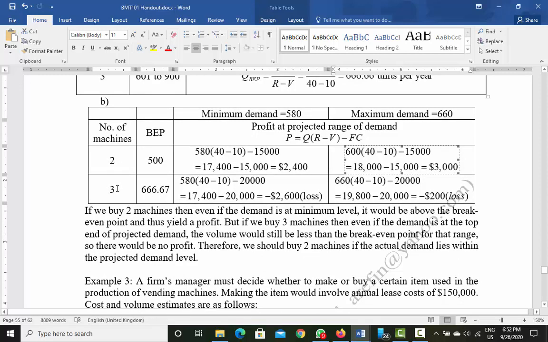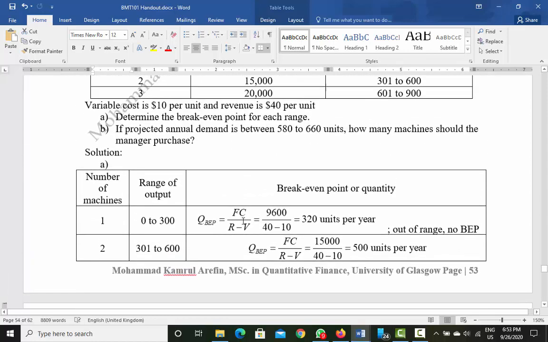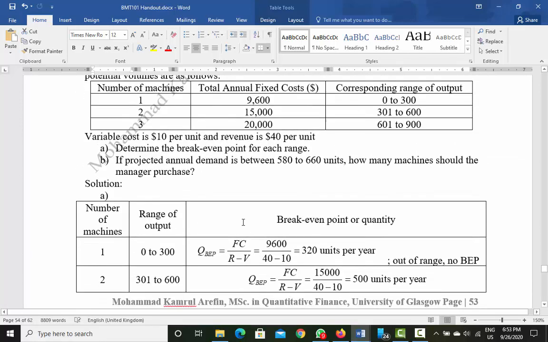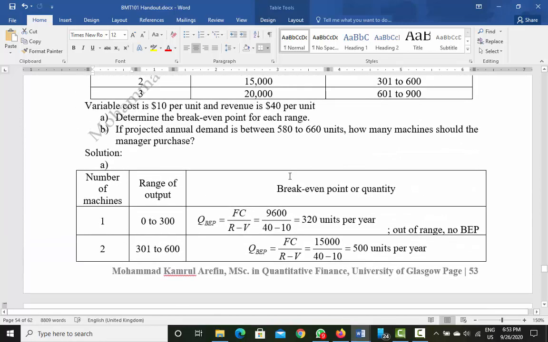Right. So if the manager buys 3 machines, the break-even point is 666 units. But the maximum demand is 660.